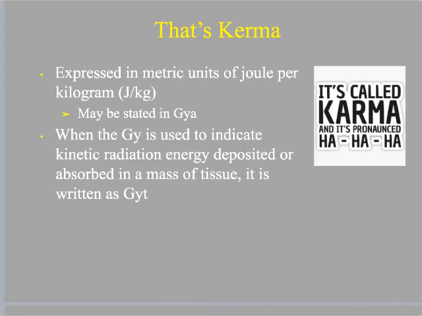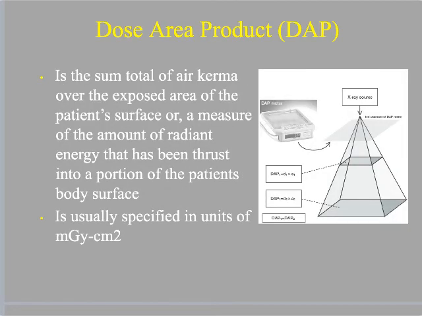So if I say the air got 10 gray, well, how much did half of that volume of air get? It got 10 gray. How much did a quarter of that volume of air get? It got 10 gray, right? I could keep subdividing it into smaller and smaller volumes. It still all got 10 gray. Now, that doesn't make a lot of sense to me, but that's how this works, right? Again, we're dealing with theory here, and that's just the way that we've defined it. I'm not going to get into all the weeds of why that's the case, right?